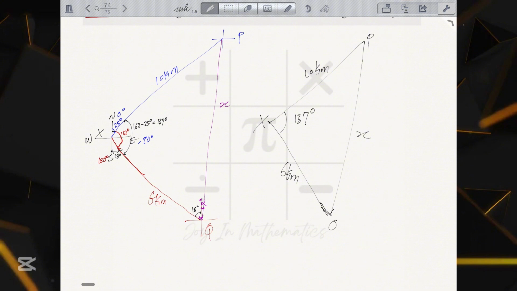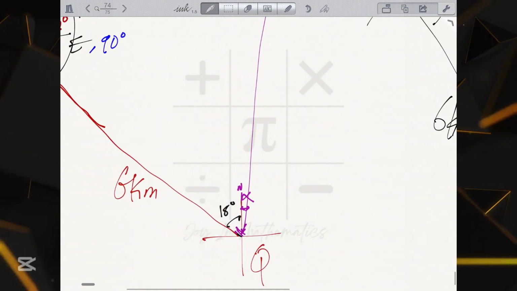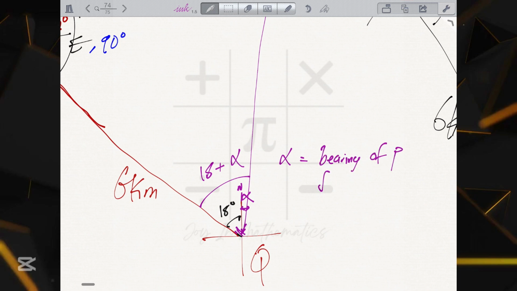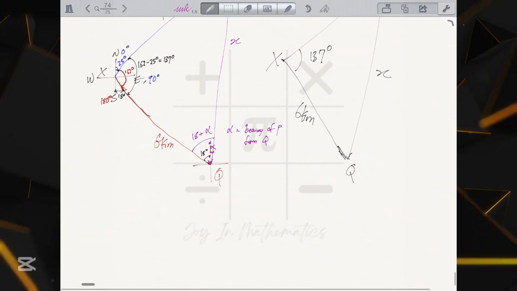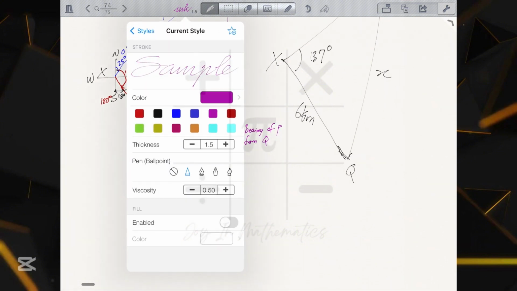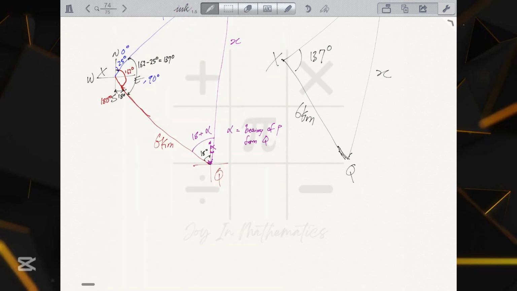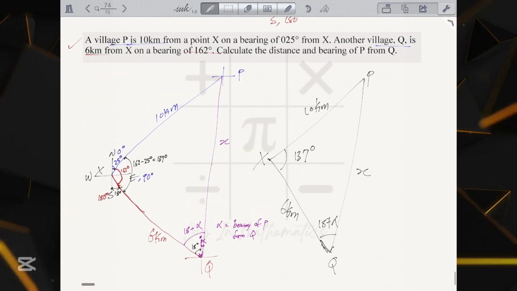Point Q, the angle at point Q, we can resolve everything to give us 18 plus alpha, where alpha is the bearing of P from Q. So we'll call this angle 18 plus alpha. So yes, now we have summarized the question in the diagram.